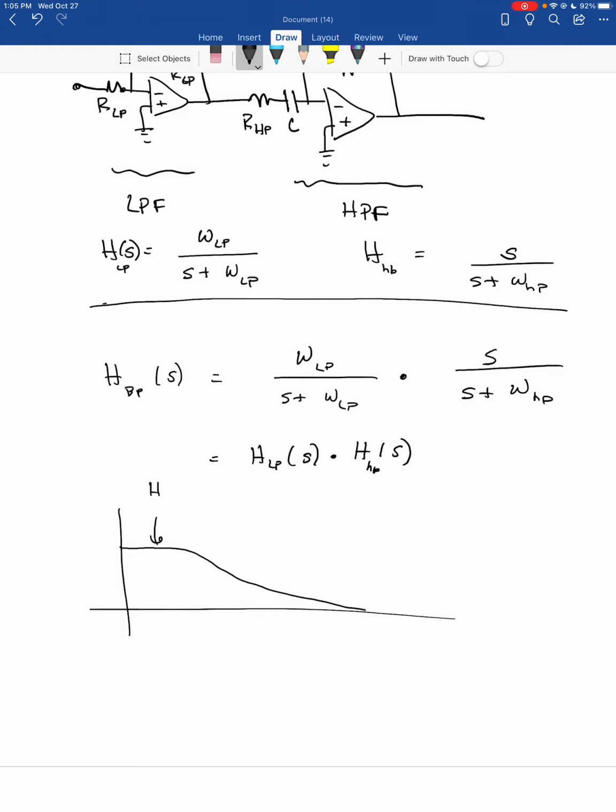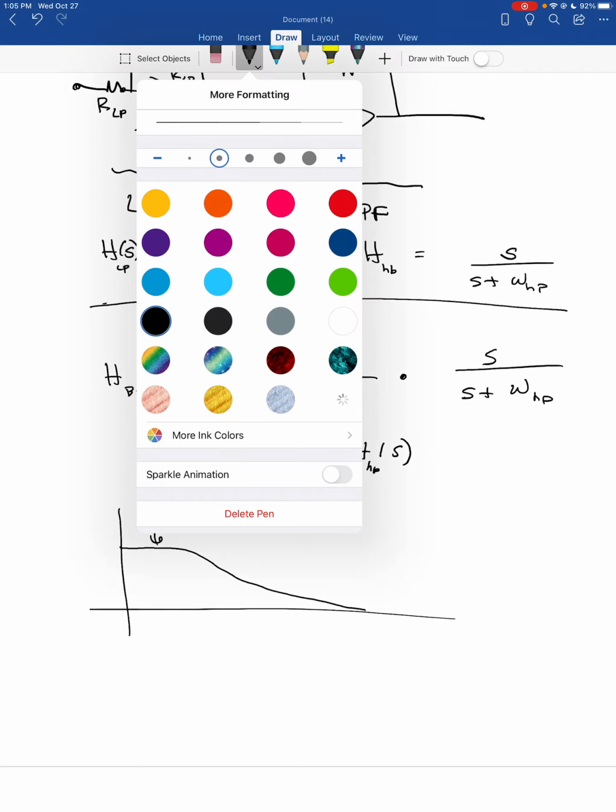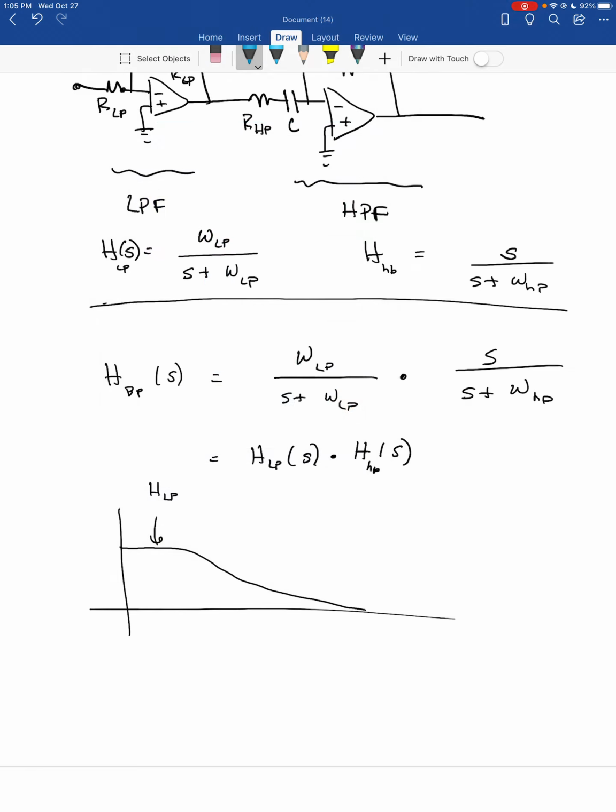So this is what our H of the low pass looks like. And the high pass, remember, you start at 0, and then you come up. So this is the high pass, and those are magnitudes.